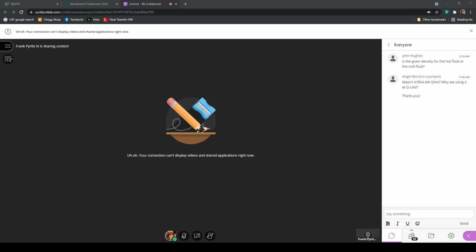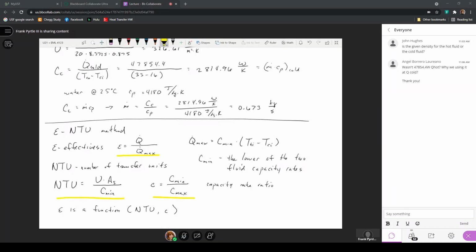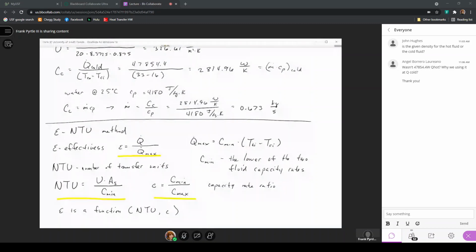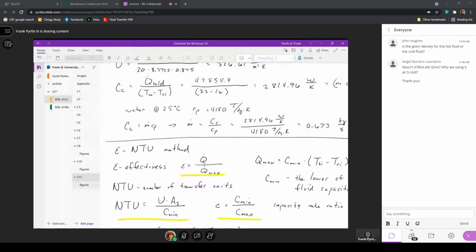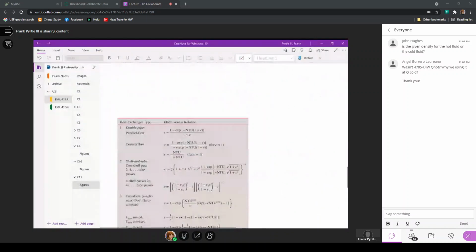In order to use this effectiveness NTU method, we have to define and calculate the effectiveness, the NTU and the capacity rate ratio, and we can use them with these expressions that we call the effectiveness relations. That is just an expression of the effectiveness as a function of these two quantities, NTU and the capacity ratio.